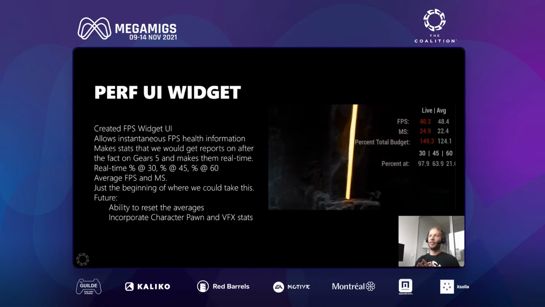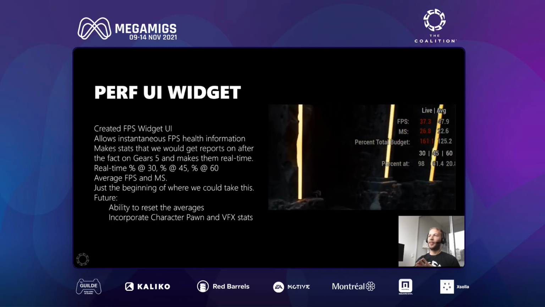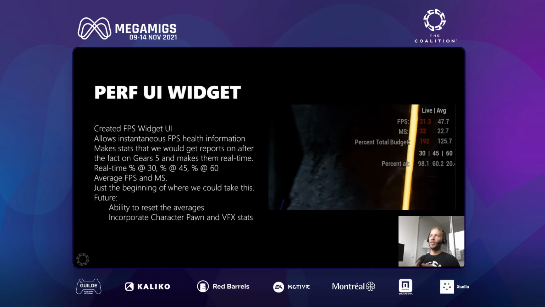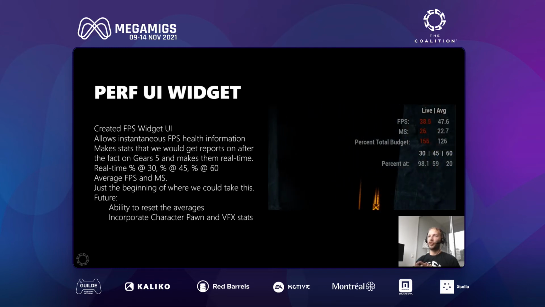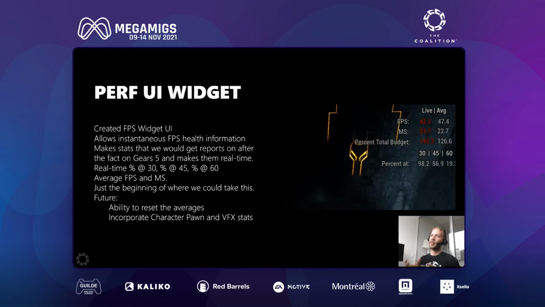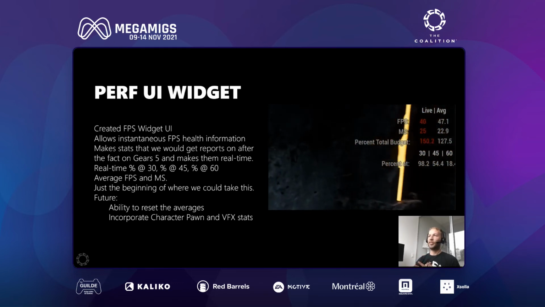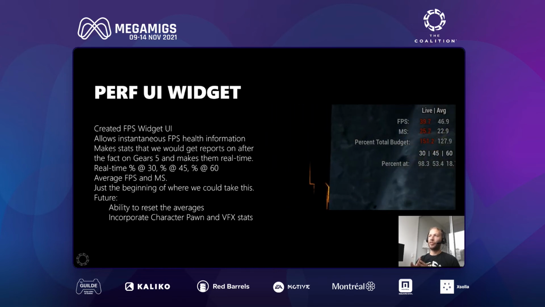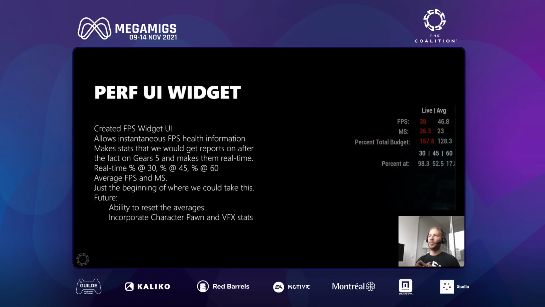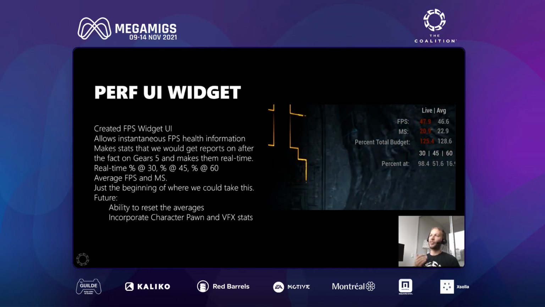This was a fun experiment that I did, creating an FPS widget UI. Sometimes going through getting performance results on Gears 5, you wait for QA to play the level and get that performance report. And I was like, could I get reports immediately for myself on how things are doing? So you can see here it's giving me my average frame rate, my average milliseconds, how over budget I am, and also stats we like to use: percent at 30, percent at 45 FPS, and percent at 60 FPS.